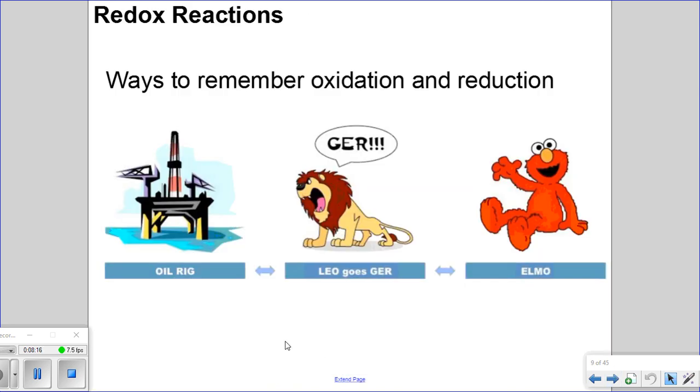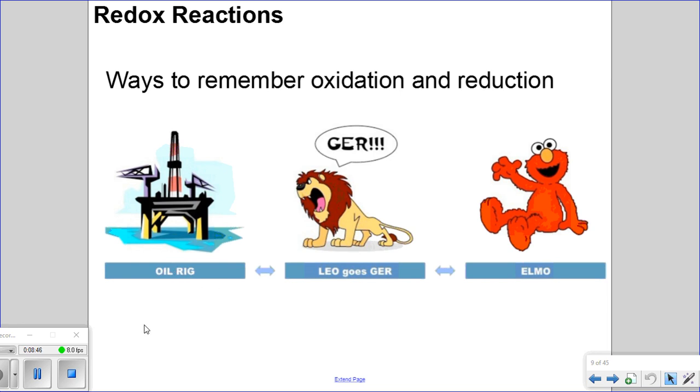There are ways to remember oxidation and reduction, which you'd have to do for cell respiration, but you also have to do it in electrochem as well. There is that mnemonic OIL RIG, which means oxidation is loss, reduction is gain. If you remember OIL RIG, you can remember that oxidation is a loss of electrons and reduction is a gain of electrons.